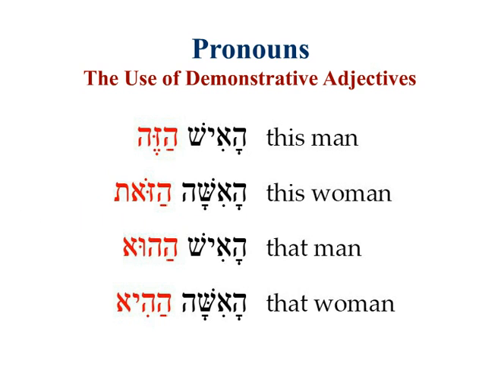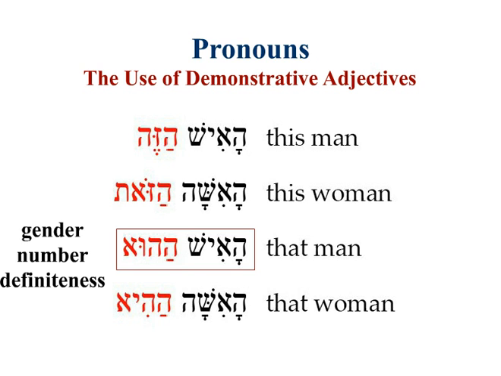In our third example, which pronounces in Hebrew ha'ish hahu and translates that man, we have a construction with the noun ish and the demonstrative hu. The categories of agreement are gender, number, and definiteness, producing the translation that man.